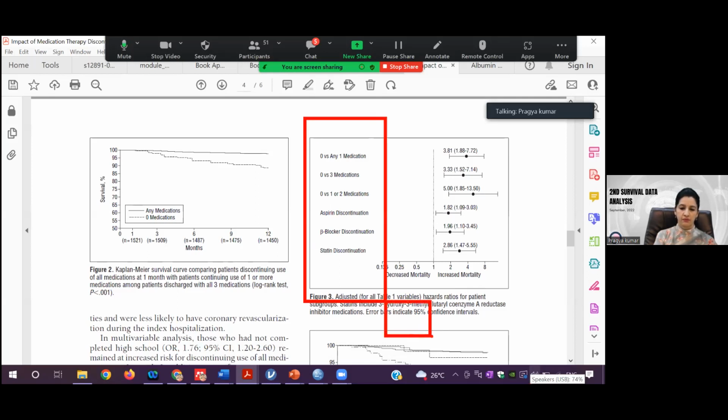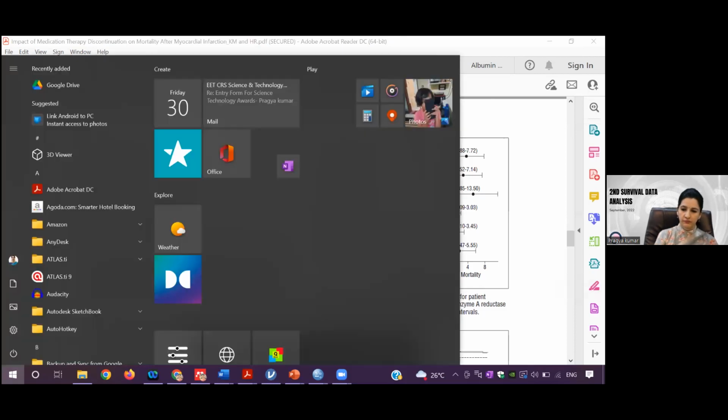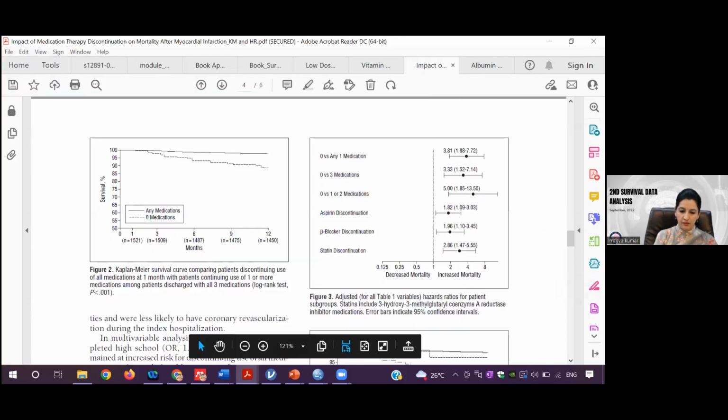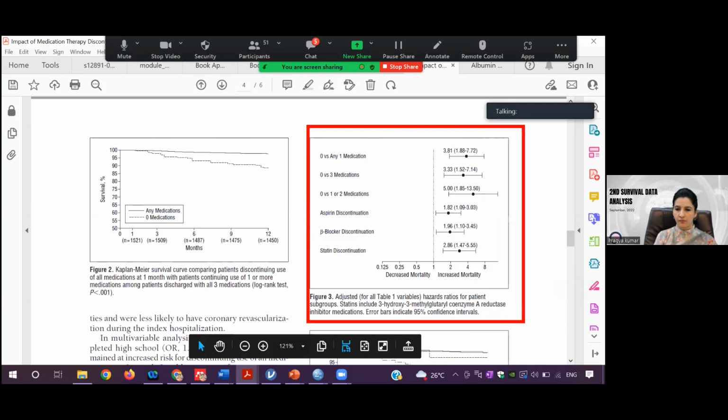This graph is only the effect of all, like 0 versus 1 medication, 3 medications, aspirin discontinuation.